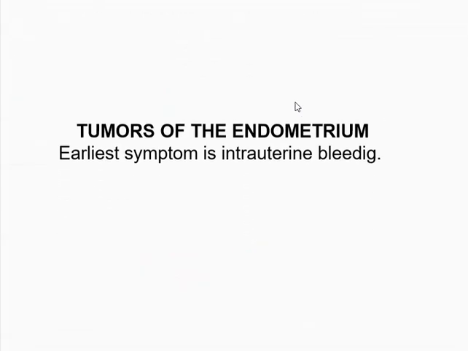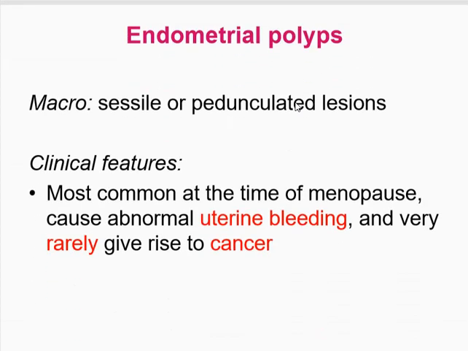Tumors of the endometrium: you have to remember that not only endometrial hyperplasias, but also tumors lead to abnormal bleeding. Benign tumors include endometrial polyps, which may be sessile or pedunculated lesions. They also lead to uterine bleeding. They are very, very uncommonly associated with carcinoma.